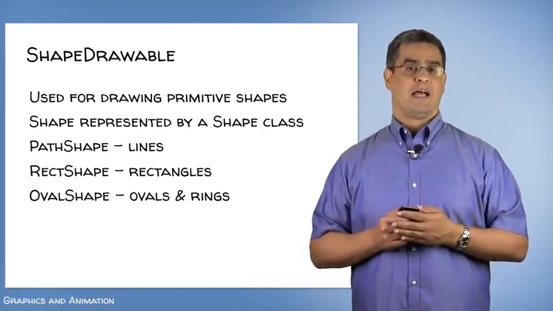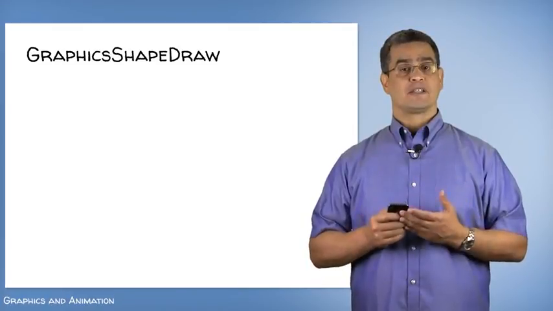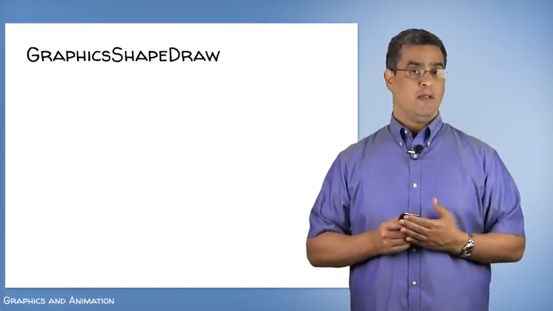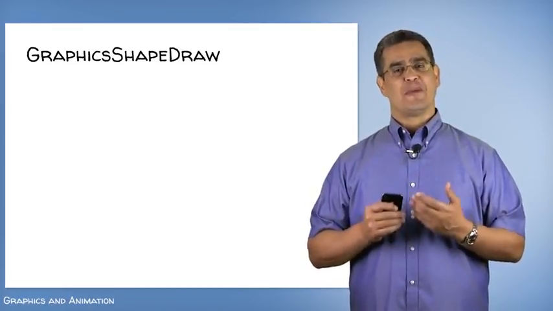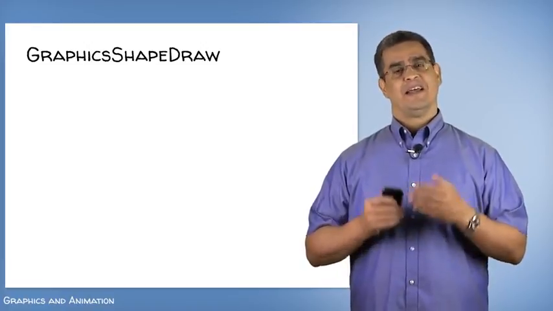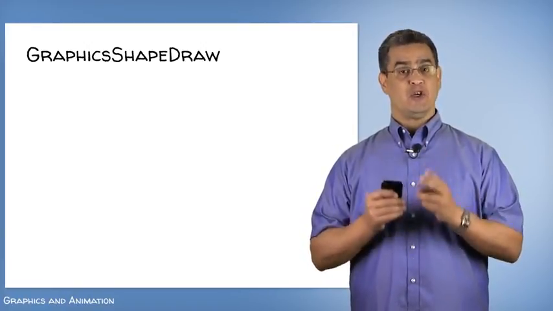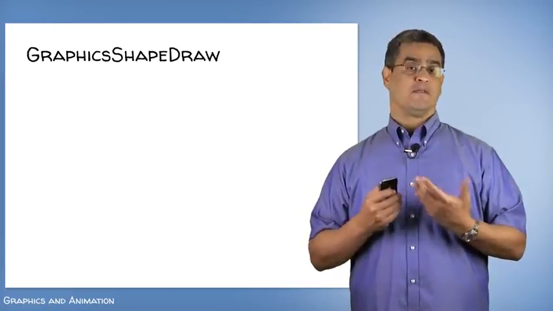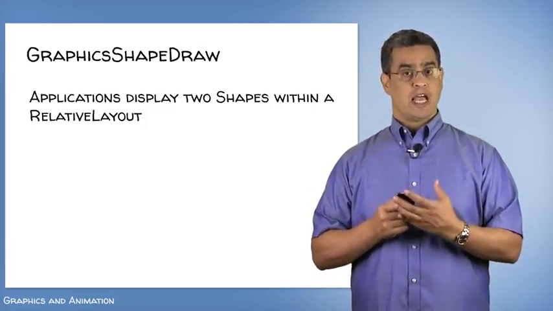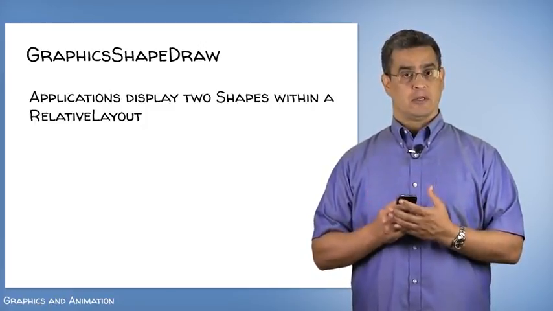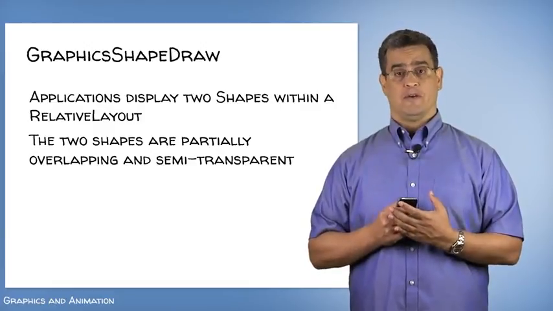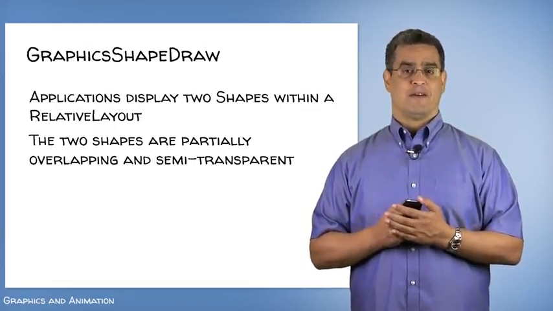Our next example applications are called Graphics ShapeDraw XML and Graphics ShapeDraw Program. These applications display two ovals within a relative layout. The two shapes have different colors, partially overlap each other, and are semi-transparent.